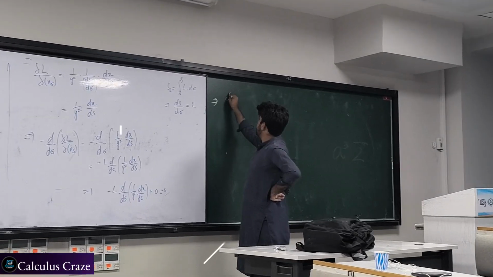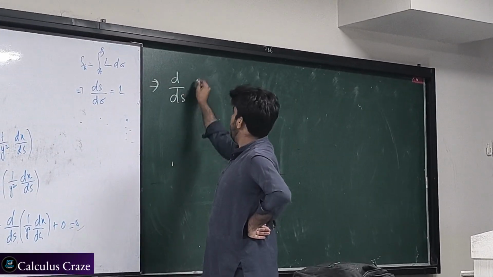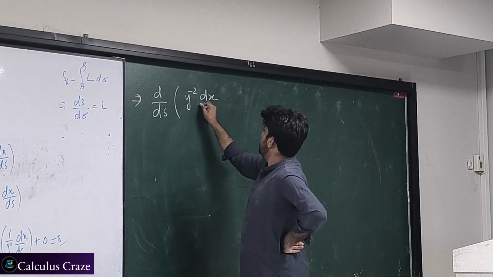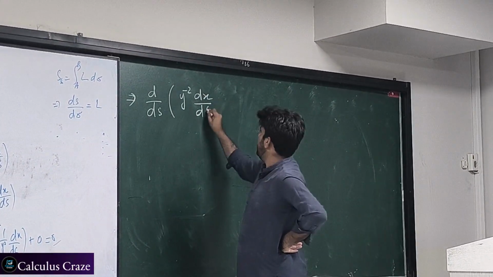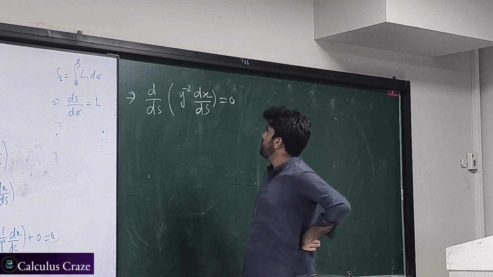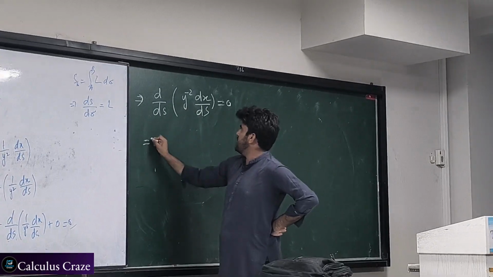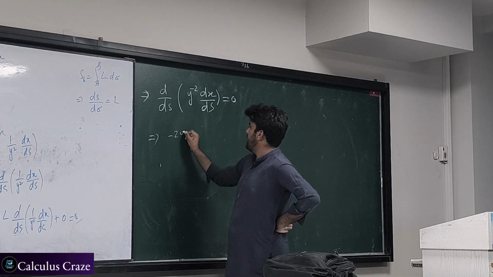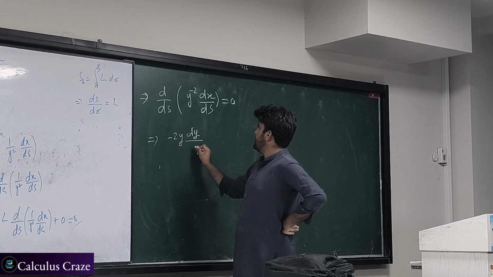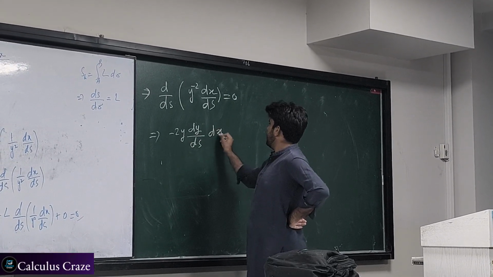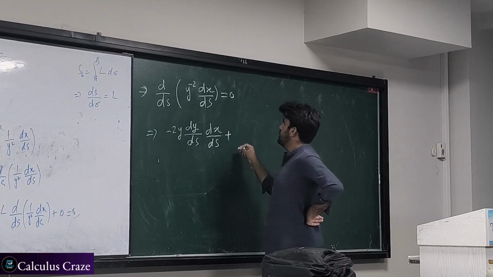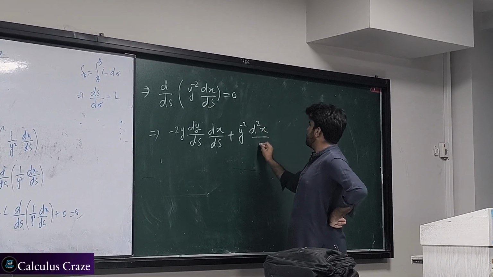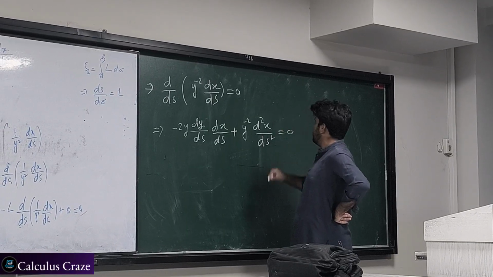We will get d by ds of y to the minus 2 times the derivative of x with respect to s equal to 0. Then I can apply the product rule. I'll get minus 2y times dy by ds dx by ds plus y to the minus 2 times d square x by ds square equal to 0.